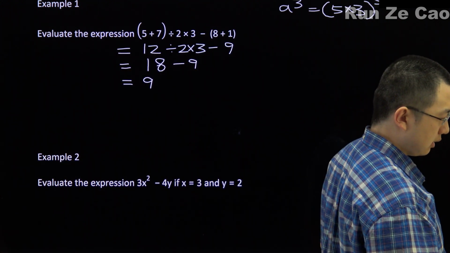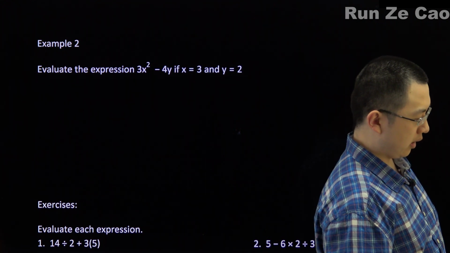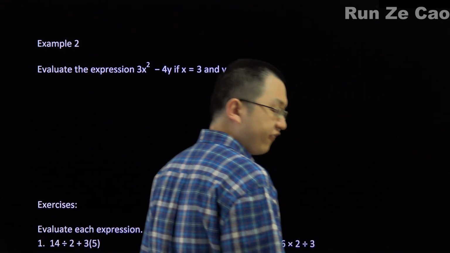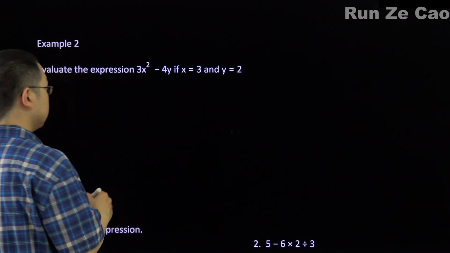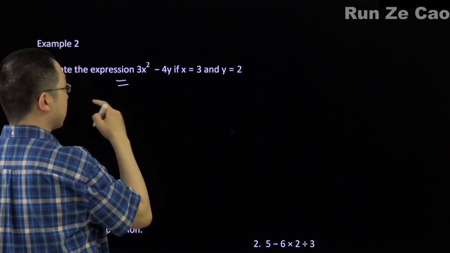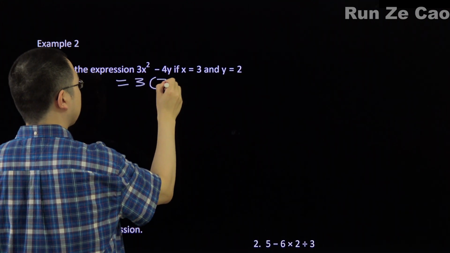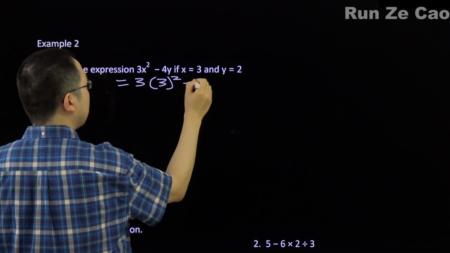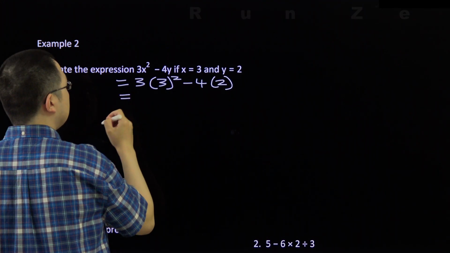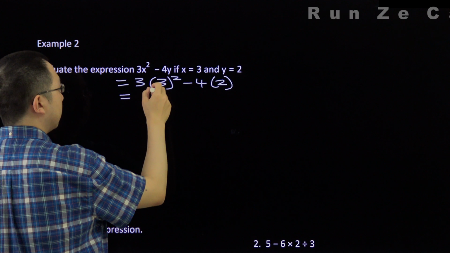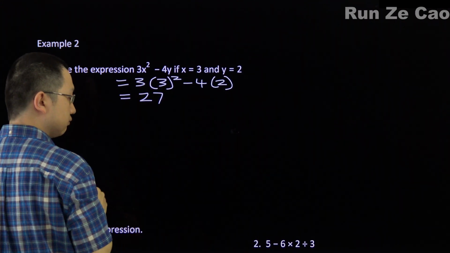Okay, let's evaluate this expression. 3x squared minus 4y if x is equal to 3 and y is equal to 2. So we substitute in, and that gives us 3 times 3 squared minus 4 times 2. So that's 27.